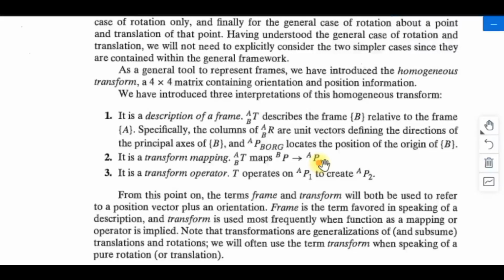So for automation, it is essential to maintain a particular law of equation. It may be any equation, but it should be an equation that you can implement using software. Another operation is the transformation operation, which operates on AP1 to create AP2.